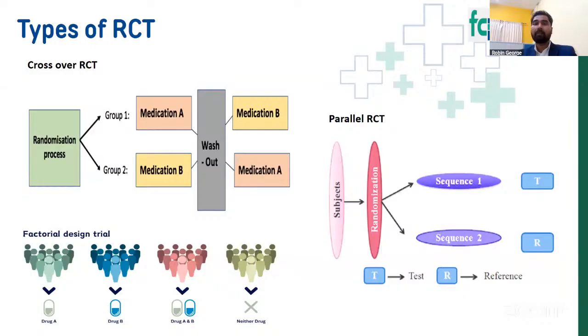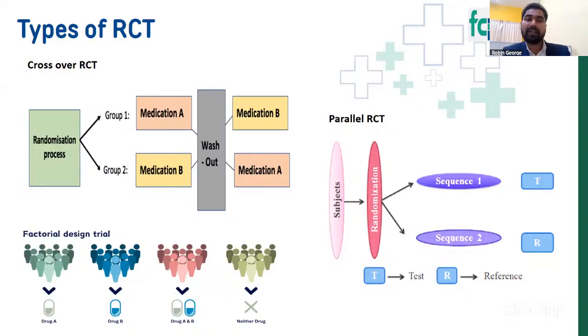So the same people who already received the test drug will now take the control drug or the placebo, and those who previously took the placebo will now take the test drug. So this is crossover, and between the crossovers we maintain a washout period. This is another type of randomized control trial study design.